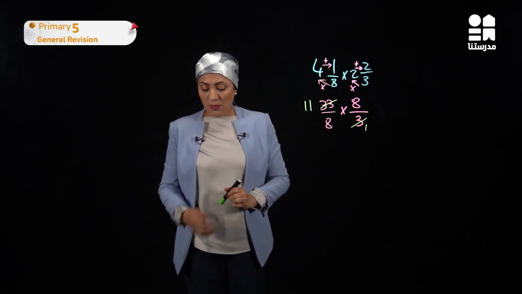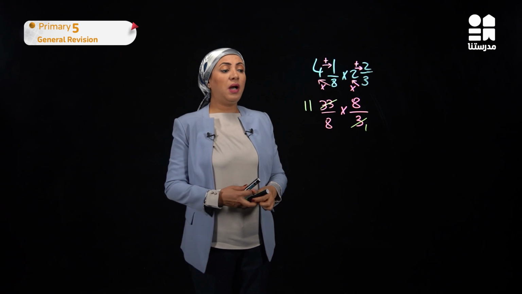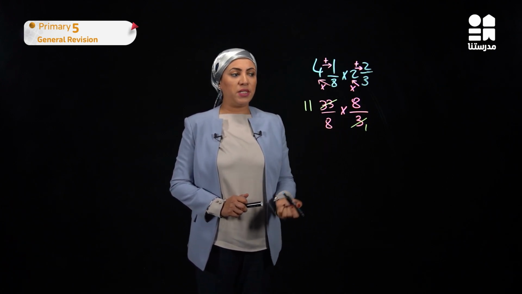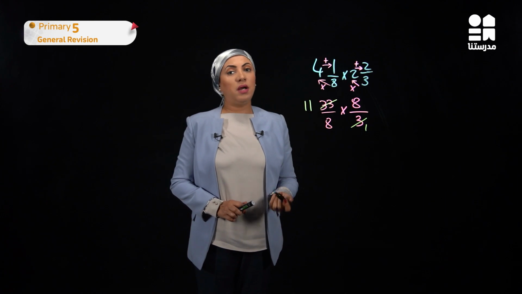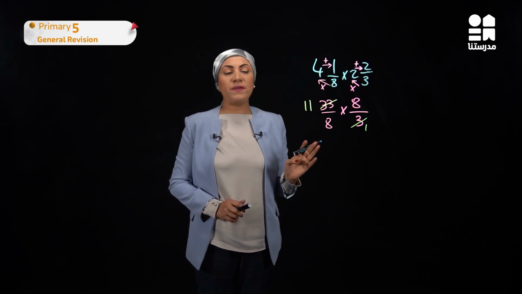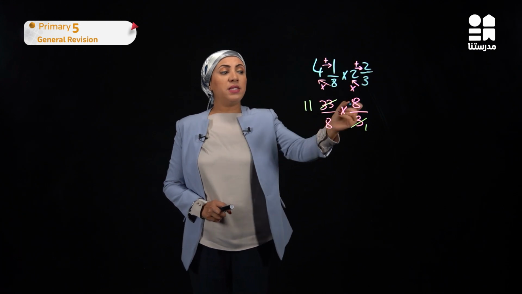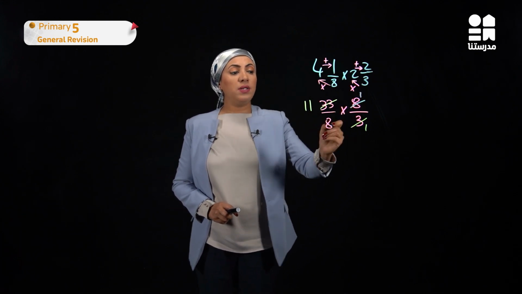Okay, now I will move to the second numerator, which is the 8. I check the second numerator and the first denominator. Both of them are 8, so the answer is known for every one of us. They can be simplified together. 8 divided by 8 is 1, and 8 divided by 8 is 1.